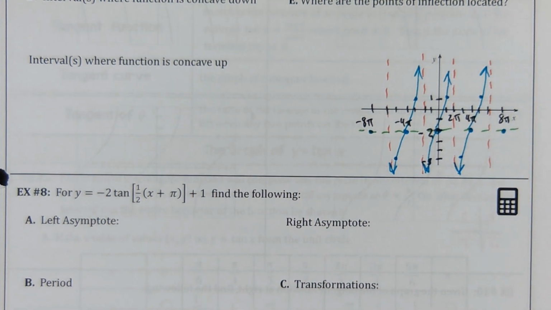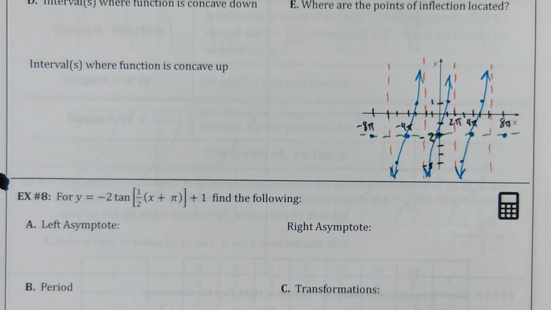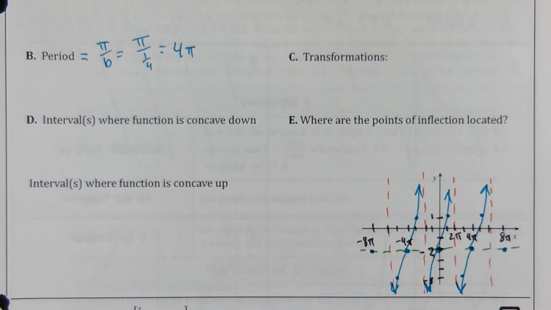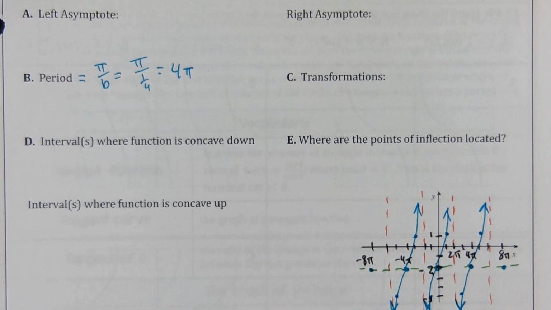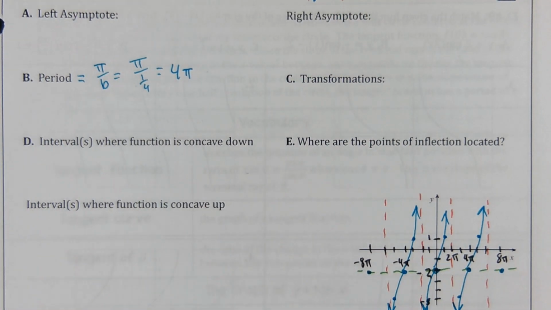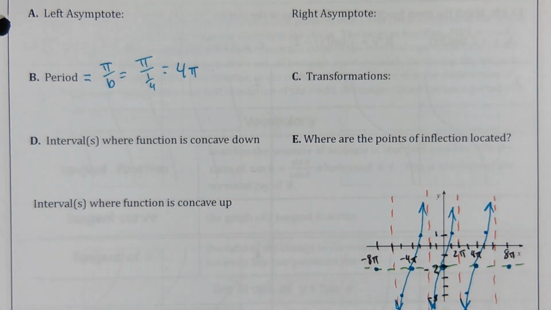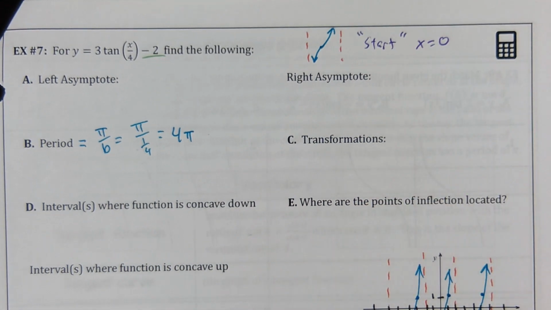That's good enough. That's more than enough graph in order to answer the rest of this. The first 2 pieces of information it's asking for are the left asymptote and the right asymptote. I can only imagine that we're talking about from the starting, quote-unquote, x.